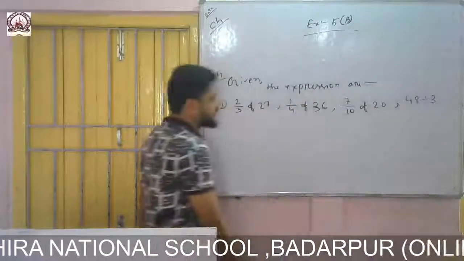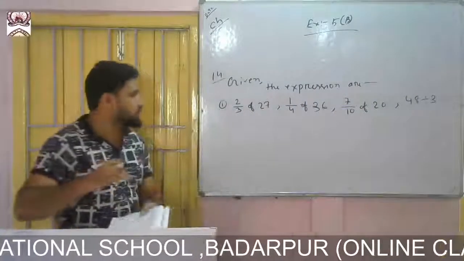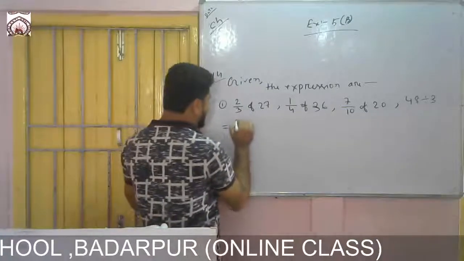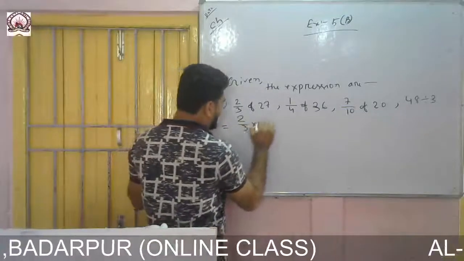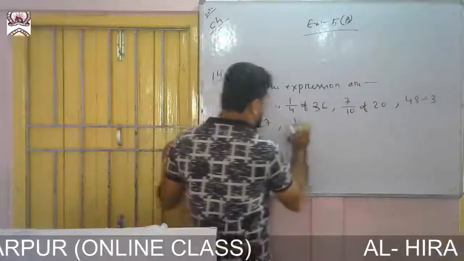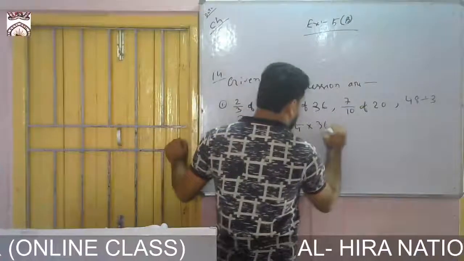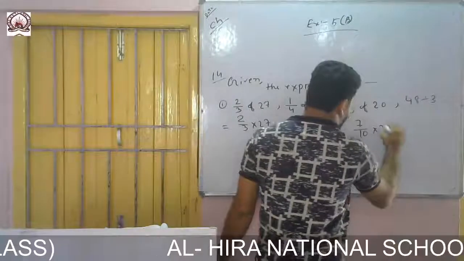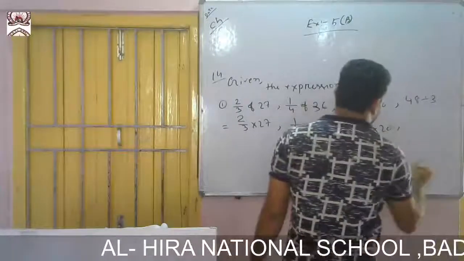Now solve it and you shall find the answer. So it is 2/3 into 27, 1/4 into 36, 7/10 into 20, and this one.